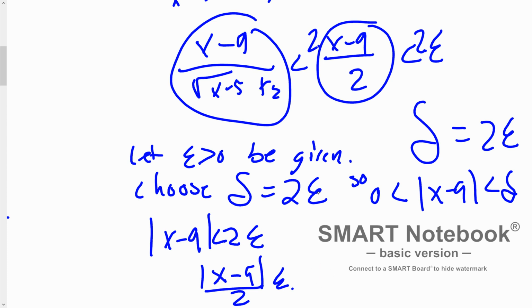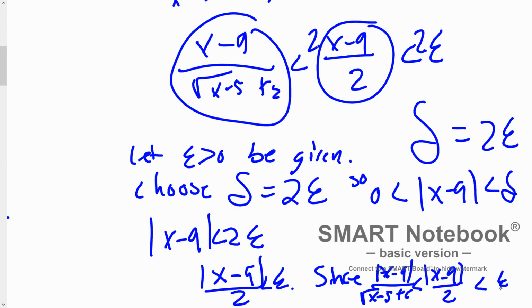Since |x - 9|/2, and this would be smaller than that, |x - 9|/(√(x - 5) + 2) would be smaller than |x - 9|, which is smaller than delta.